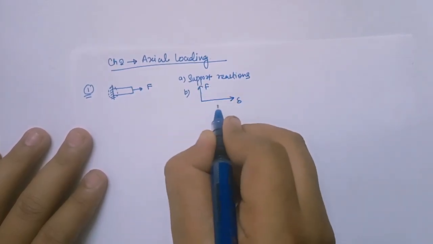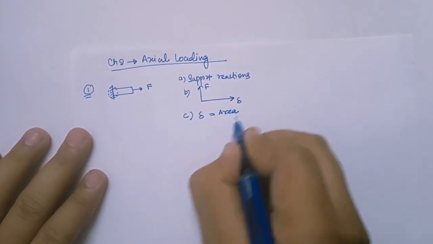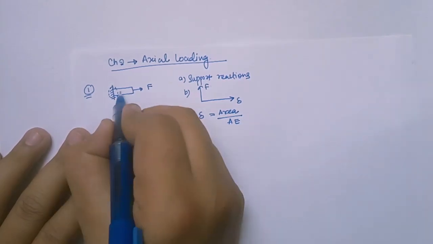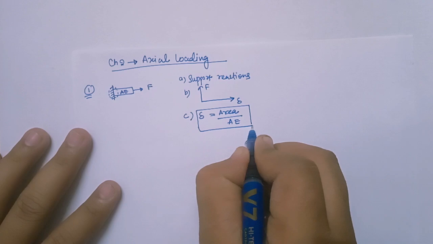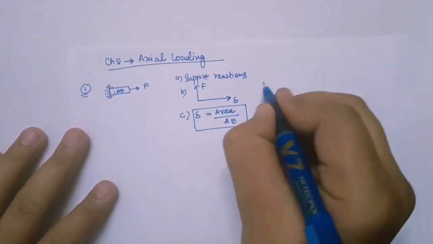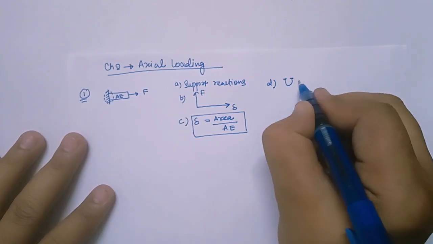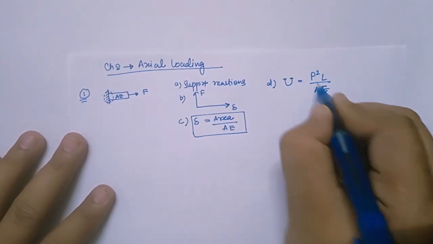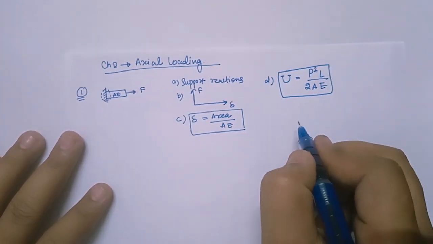This will be used to calculate the third part, that is deformation, and deformation is very easy, PL upon AE, where AE is the axial rigidity, a property of the material. After that we will calculate strain energy, P square L upon AE, and then we will apply a 2 also. So this is strain energy.